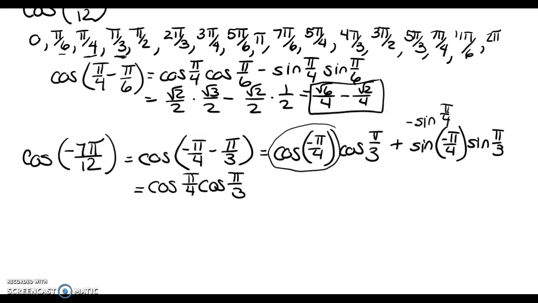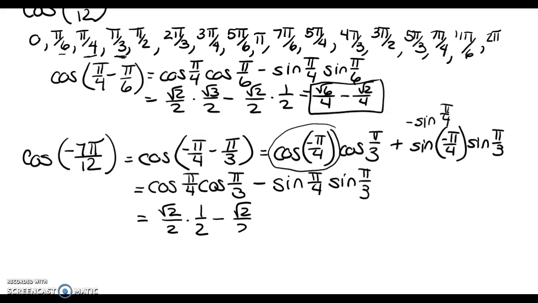So that's going to turn this into a subtraction: sine of pi over 4, sine of pi over 3. So the cosine of pi over 4 is radical 2 over 2. Cosine of pi over 3 is 1/2, minus radical 2 over 2, sine is going to be radical 3 over 2. So I get radical 2 over 4 minus radical 6 over 4. And that is my final answer here.